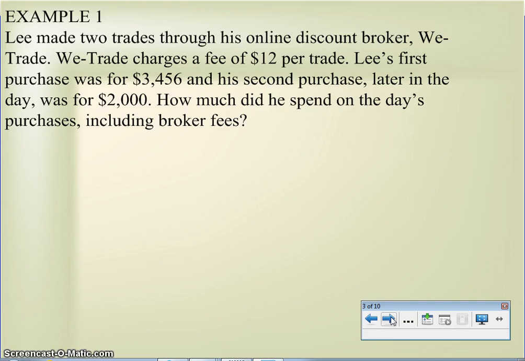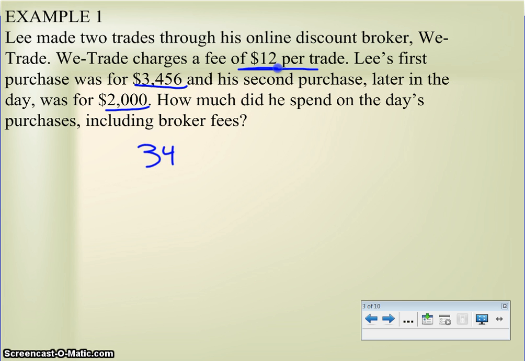So example 1, it says Lee made 2 trades through his online discount broker, WeTrade. WeTrade charges a fee of $12 per trade. Lee's first purchase was for $34.56 and his second purchase was for $2,000. How much did he spend on the day's purchases, including broker fees?